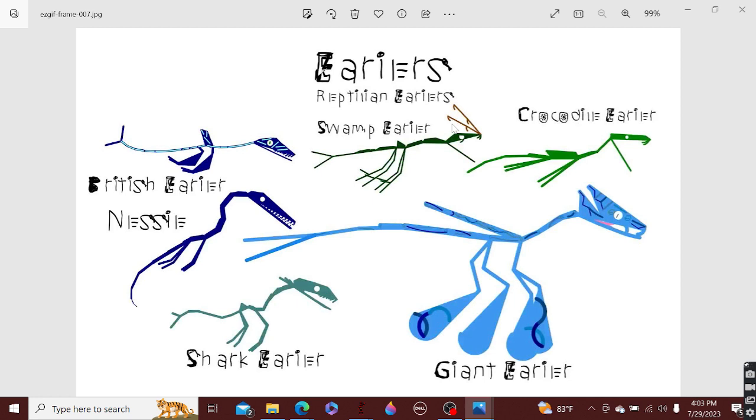Anyways, heading back to Europe, we have the Loch Ness Monster, also known as the long-necked Earier, or Nessie. Probably my favorite of the bunch. These are one of the larger Eariers, and they're mostly found not just in Loch Ness, but pretty much any large bodies of water in Scotland and some parts of London. And these Eariers are different because they can't really move on land.